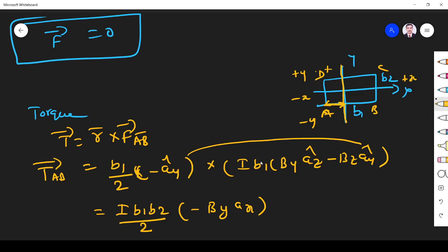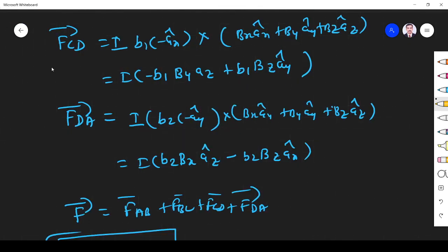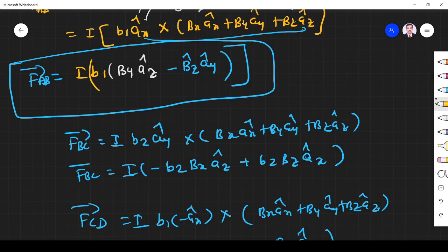So B1, right? It is B2. What is the length? It is B2 here, right? B1, this is B2. Where is my FAB? Let me check it. FAB I into B1, right?